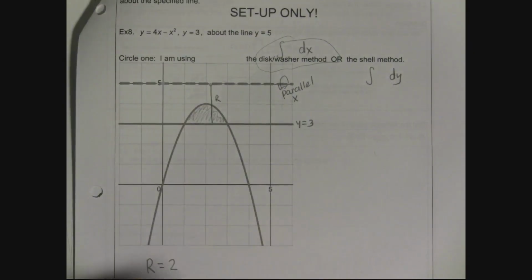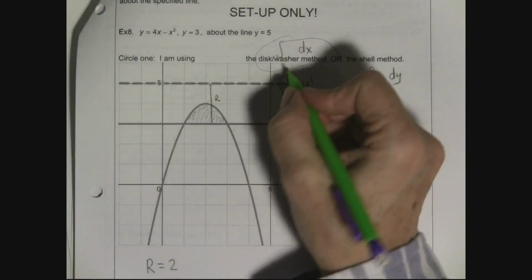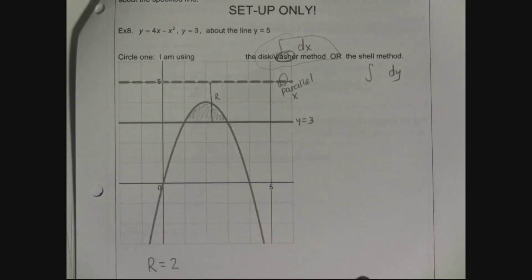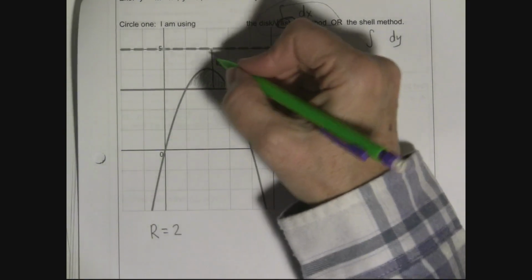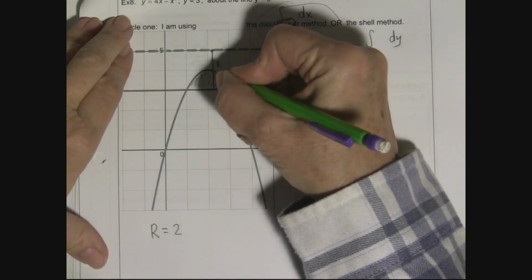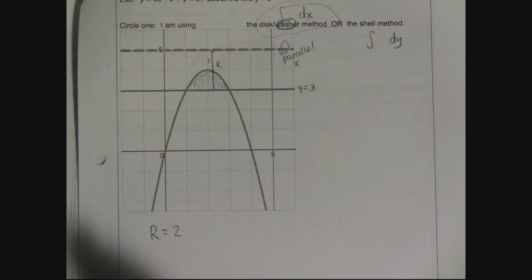So that's always 2 for R. And now I want to find out what lowercase r is. So that's what's going to be tricky on this one. So yeah, it's a washer. So this distance right here would be the little r. So the whole distance was big R, the inner distance is little r, and you have each one of those from 1 to 3.